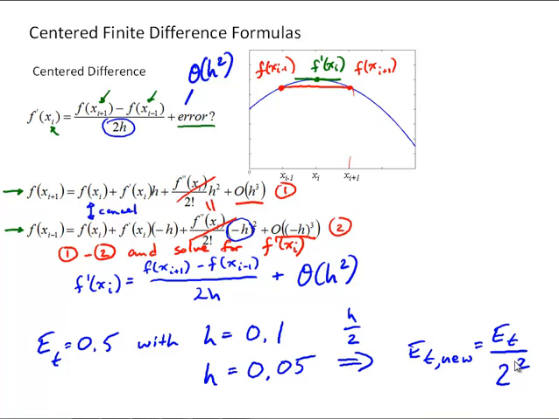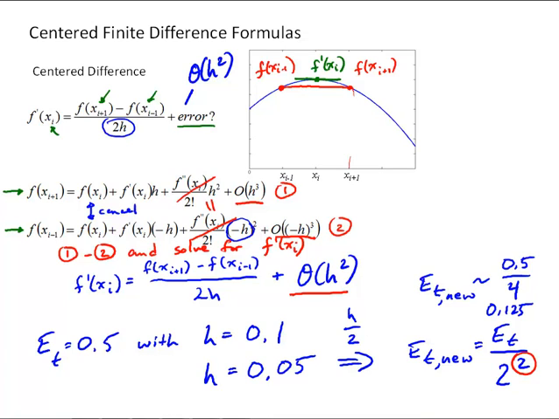So that's where our second order behavior is. So that new error, once we cut h in half, would be approximately 0.5 over 4, or 0.125. So that's an indication of what happens when we go to a second order finite difference approximation.